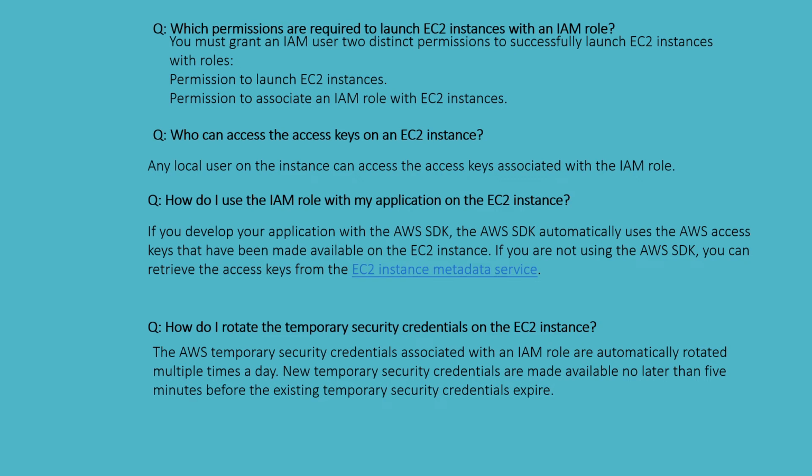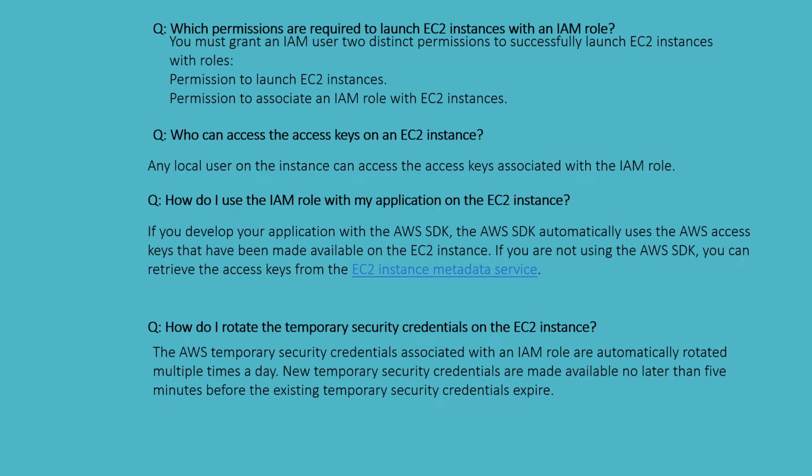If you develop your application with the AWS SDK, the AWS SDK automatically uses the AWS access keys that have been made available on the EC2 instance. If you are not using the AWS SDK, you can retrieve the access keys from the EC2 instance metadata service.